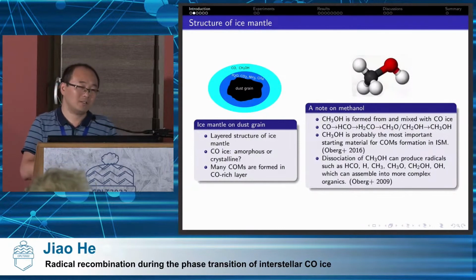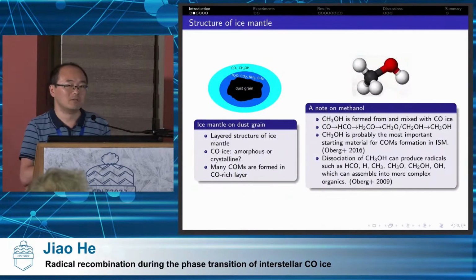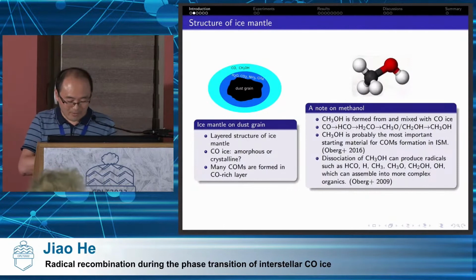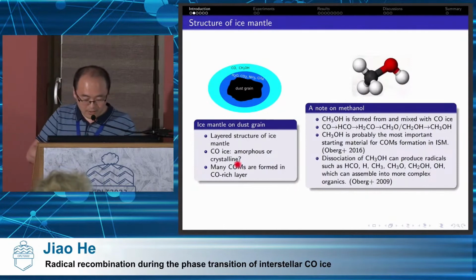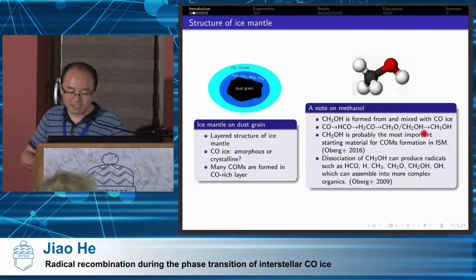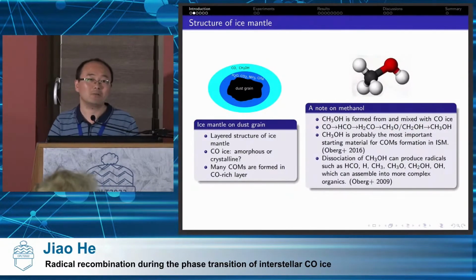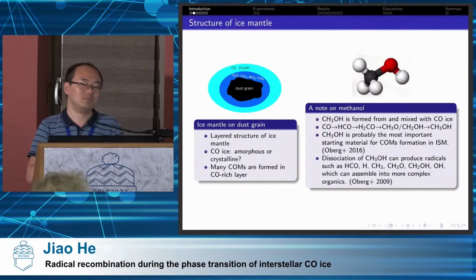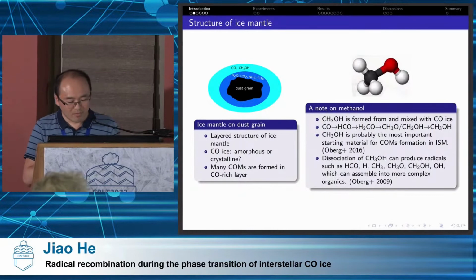And it is formed from hydrogenation of CO. So that's why it is in CO-rich environment. And along the formation route, you can see that there are HCO and CH3O, CH2OH radicals produced along the way. And the recombination of these radicals, they can produce even more complex species.